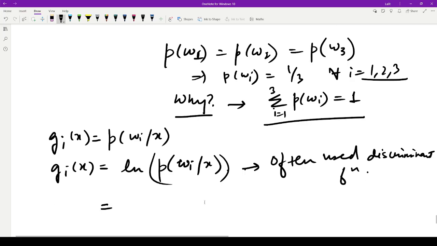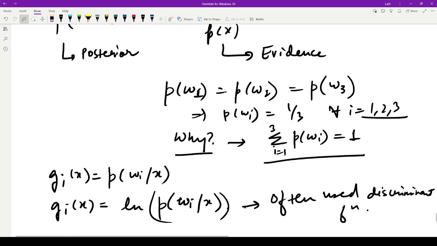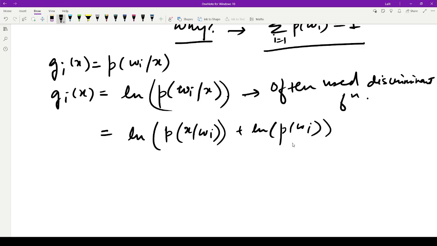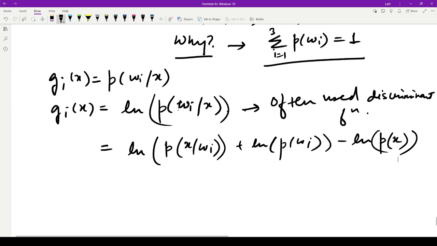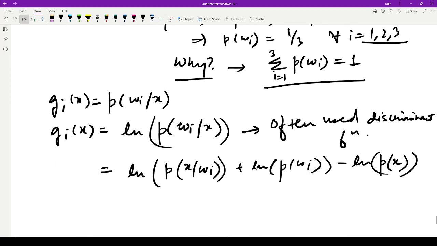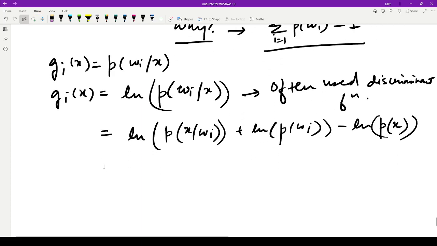Okay, so given this ln of P of Wi given X, what is it? I'll just expand it from this expression, which is ln of P of X given Wi plus ln of P of Wi minus ln of P of X. I've just taken log, and multiplication and division is given by plus and minus in the log space. Okay, so given this, what we need to do?